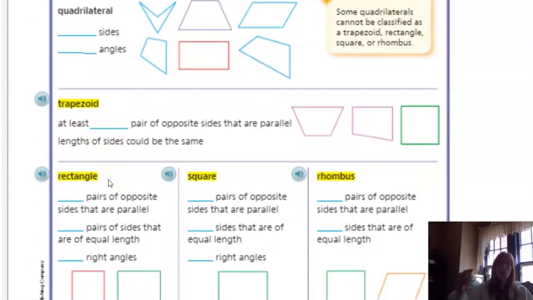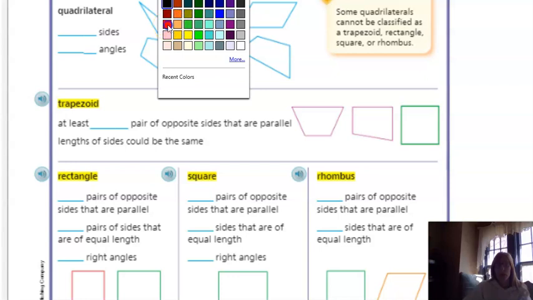All right, so now a trapezoid. Trapezoids are very interesting. So a trapezoid would be right here. Okay, so it says at least blank pair of opposite sides that are parallel, lengths of the sides that could be the same. So if you look right here and right here, let me get a color here so you can see it.